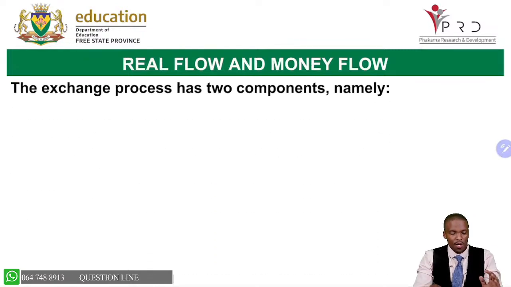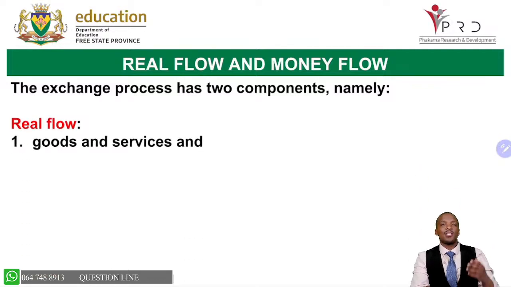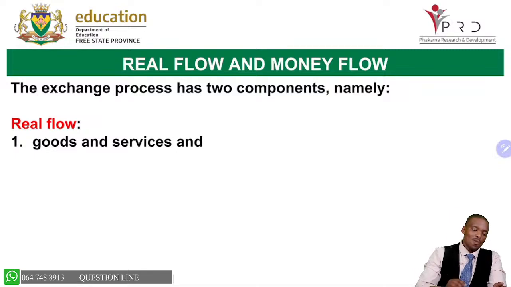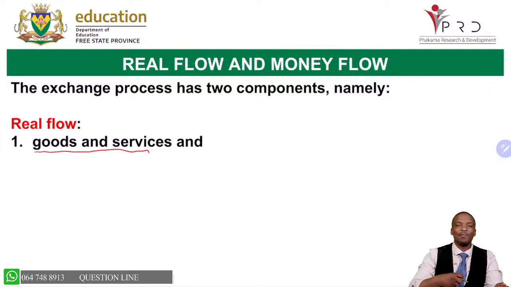Okay. So we need to therefore distinguish between what we call the real flow as well as the money flow. So in the exchange process, there are two components, namely the real flow as well as the money flow. Under real flow, what is covered? We see households, after receiving their income or remuneration from firms, what do they do?